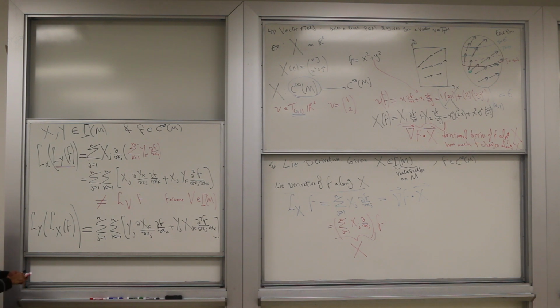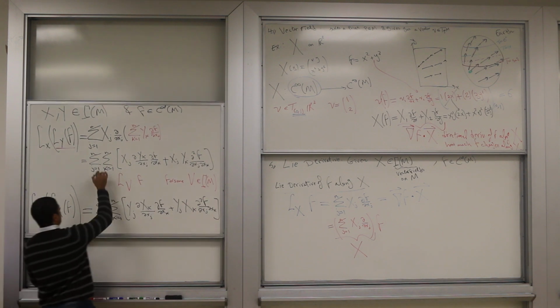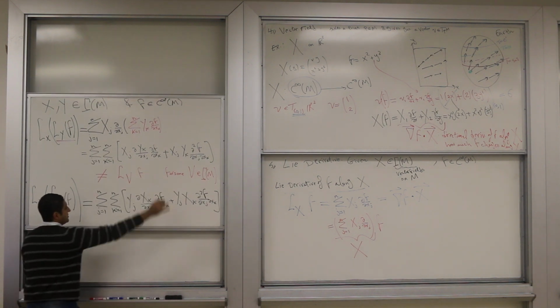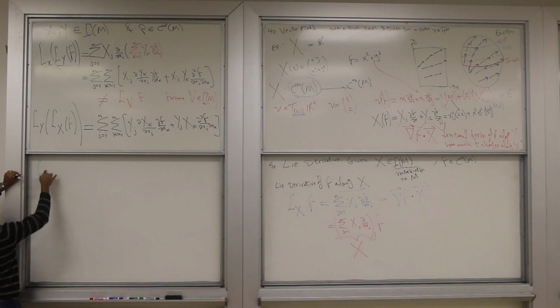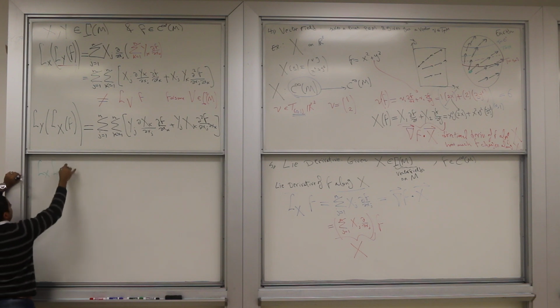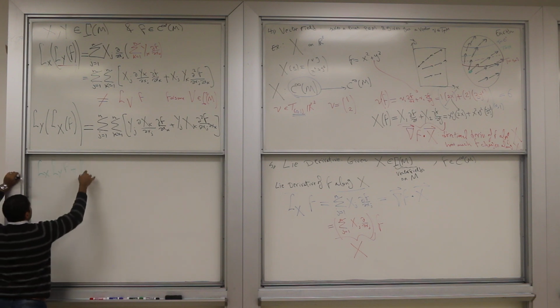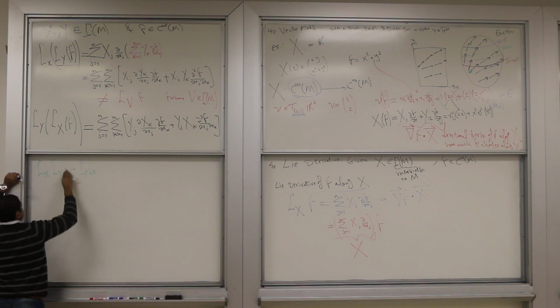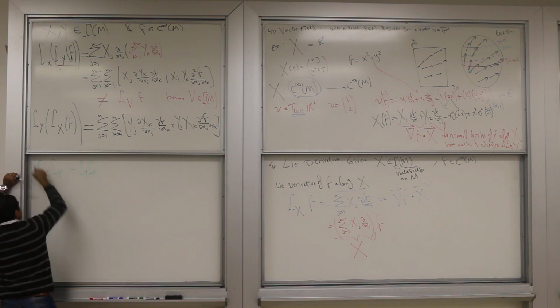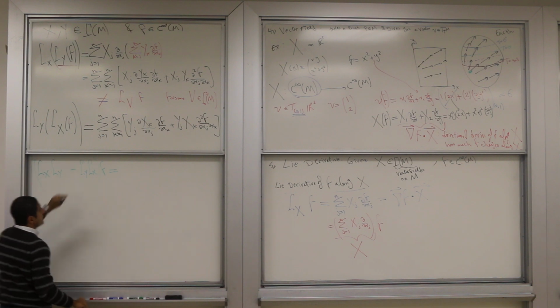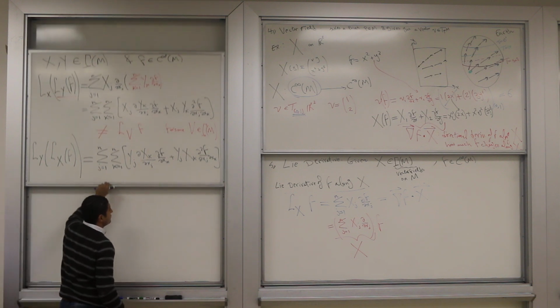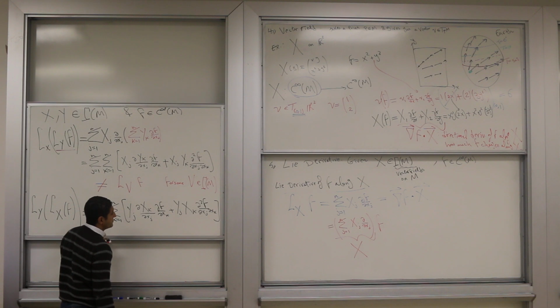But you can notice now, if we subtract this guy minus that guy, so Lx Ly f minus Ly Lx f, actually I take f as a common factor, is simply what? Let's subtract. I'll give you some time to write, but just bear with me for a minute, please.